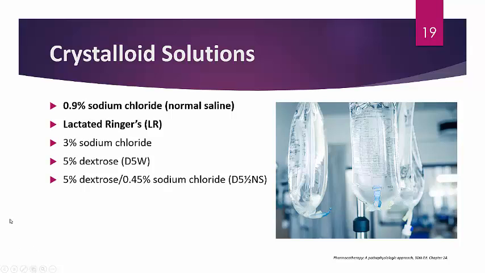In terms of crystalloid solutions, these are essentially your different salt solutions as well as your different dextrose solutions. The most common ones that you'll see in practice, particularly for hypovolemic shock, are 0.9% sodium chloride or normal saline, or NS, or Lactated Ringers, LR. 3% sodium chloride is typically used as a hypertonic solution in patients that have hyponatremia, which may be related to head trauma, potentially.